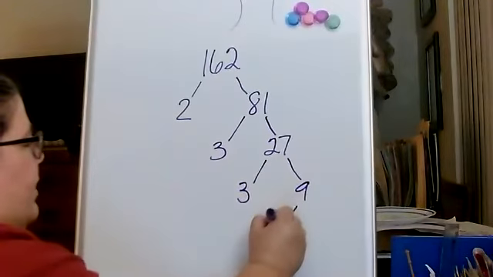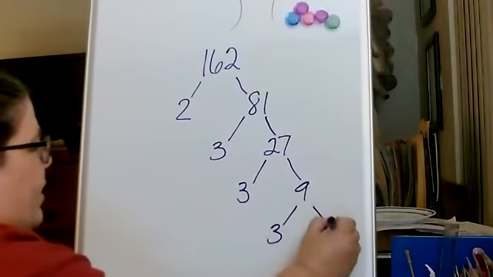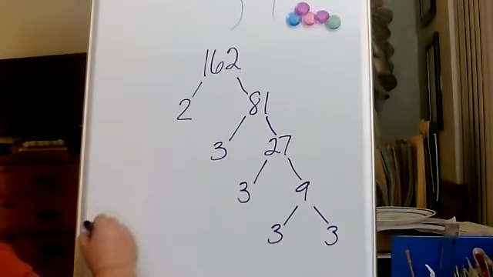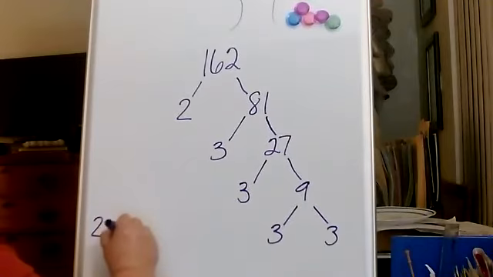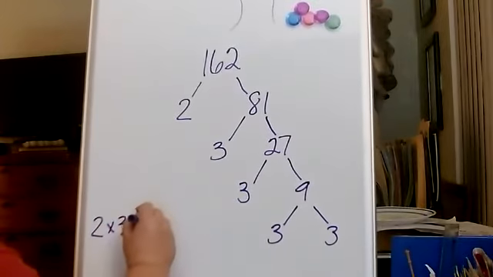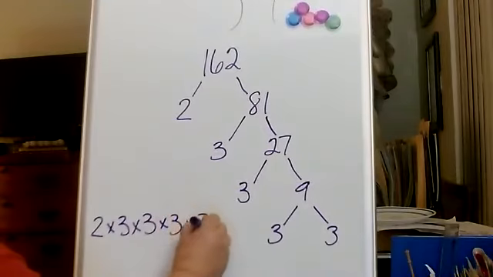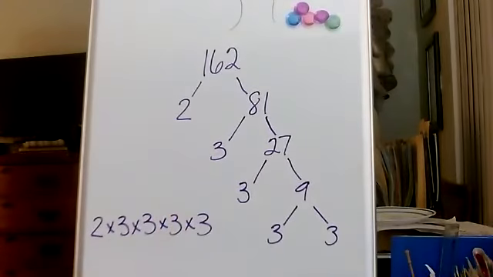And of course, 9 is divisible by 3 and 3. So our prime factors for 162 are 2 times 3 times 3 times 3 times 3. Okay, now the fun part is this.